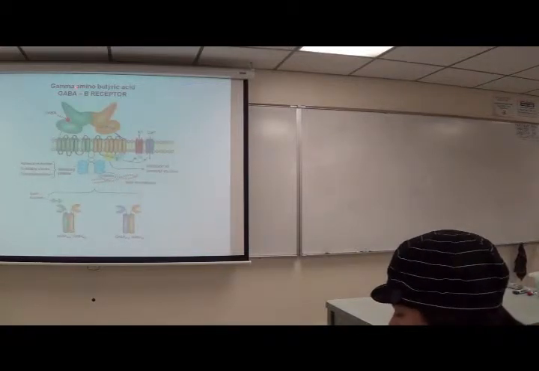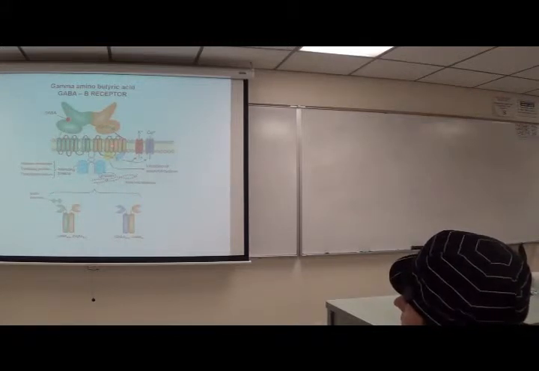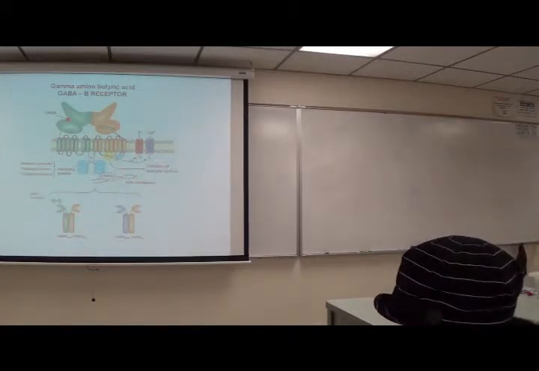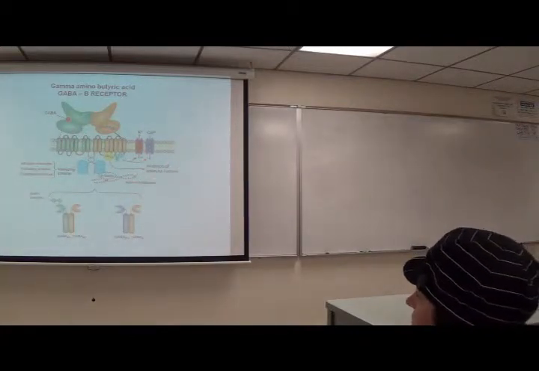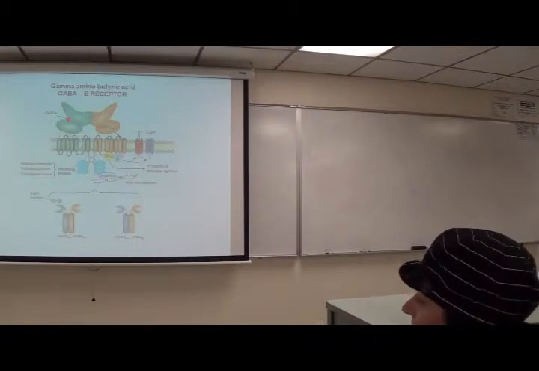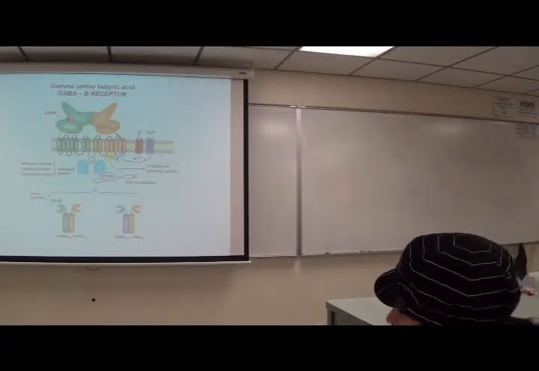This also has a metabotropic pathway that results in the inhibition of cyclic AMP formation. Usually that is because of the beta and the gamma activation rather than the alpha activation.